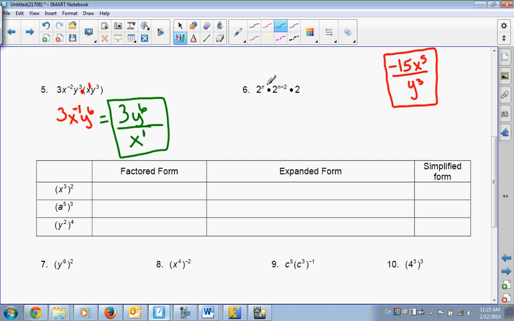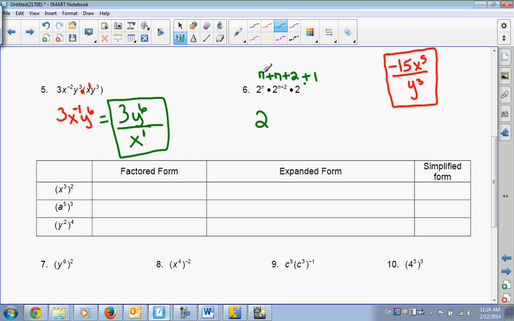Okay, are the 2's coefficients or are they bases? They're bases, so we don't multiply 2 times 2 times 2. We leave it alone. So what are our exponents? N, n plus 2, and 1. So we're literally just adding all those things together, combining like terms.